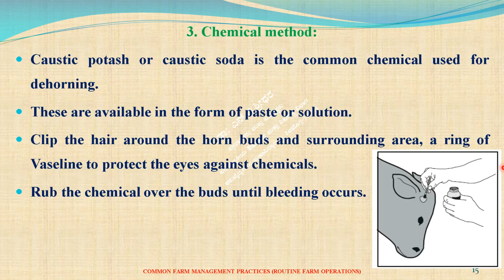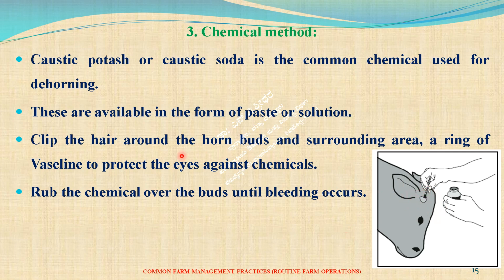Chemical method: caustic potash or caustic soda is a common chemical used for dehorning, and these are available in the form of paste or solution. That can be applied just below the buds of the horns.